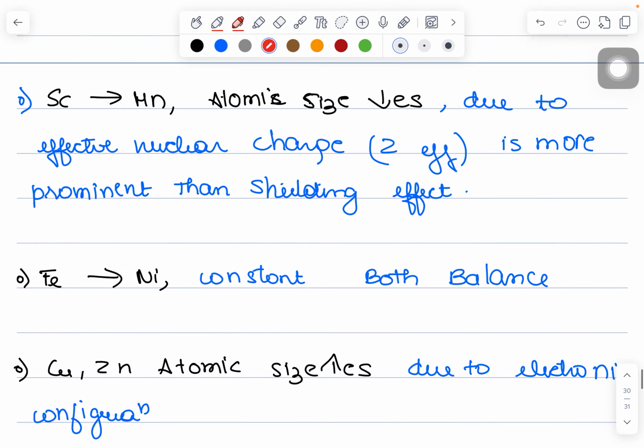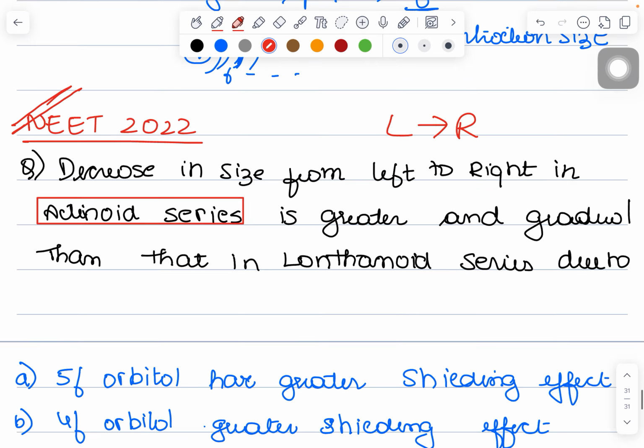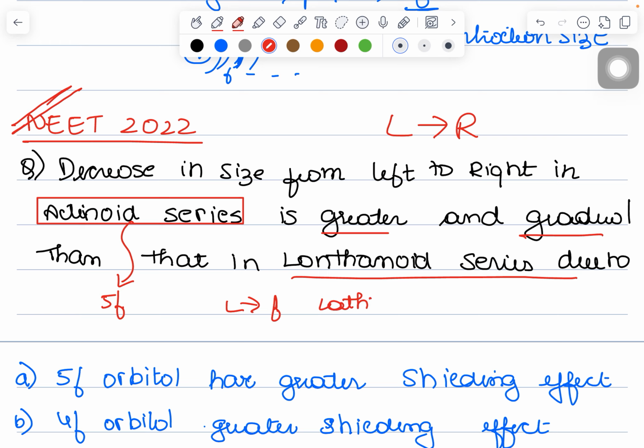So the question is, in actinoid we have 5f orbital filling; the decrease in size from left to right in the actinoid series is greater and gradual than in the lanthanide series. So they are saying when we move left to right, first is lanthanide, right?